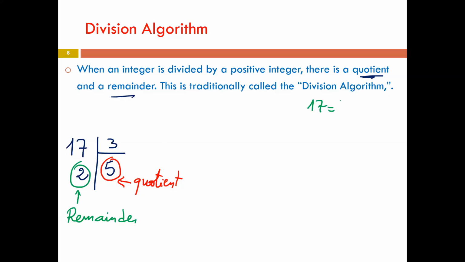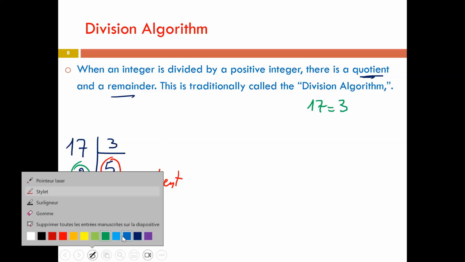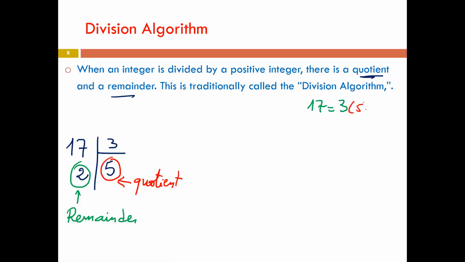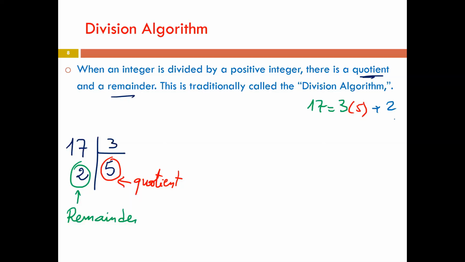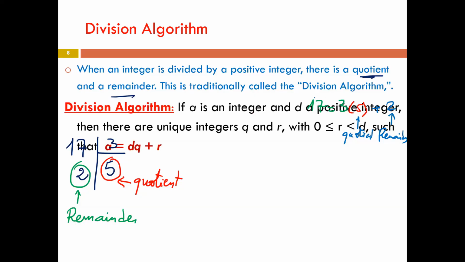We say that 17 is 3 times 5 plus 2. This is the remainder, and this is the quotient. So we write A equals D times Q plus R. The divisor here is 3, Q is the quotient 5, and R is the remainder 2.